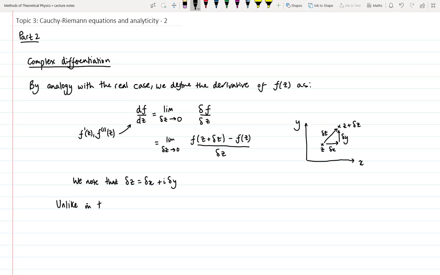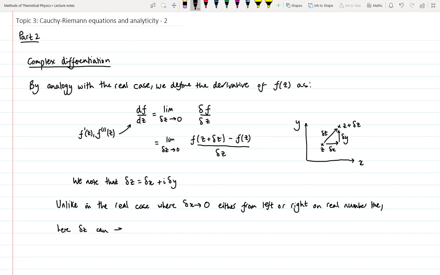Unlike in the real case, where delta x approaches 0 either from left or right on the real number line, here, delta z can approach 0 in infinitely many ways.